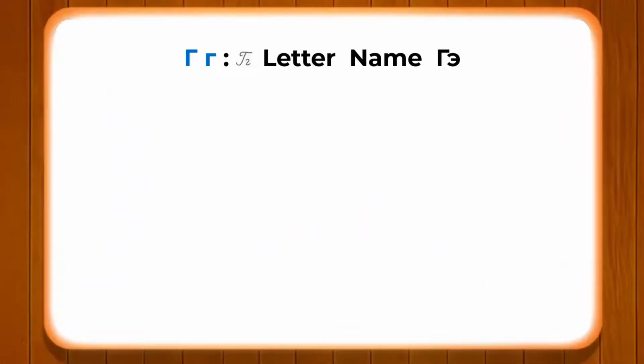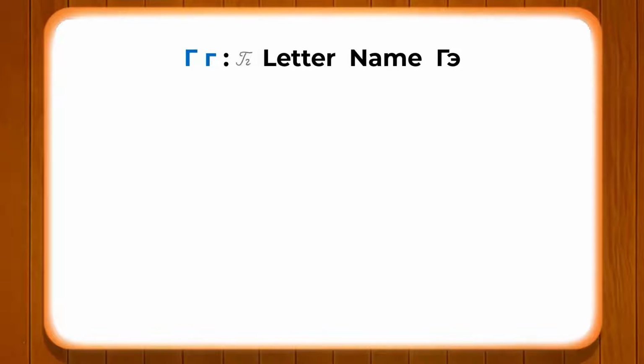Since we have given the meaning in English of the Russian words, after the module you will have your own vocabulary of at least 33 new words. So, we will be going to the next letter now.